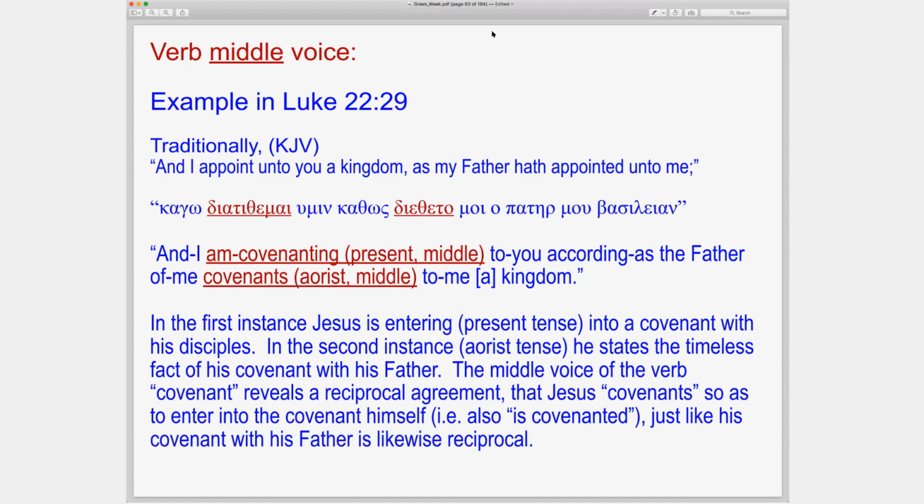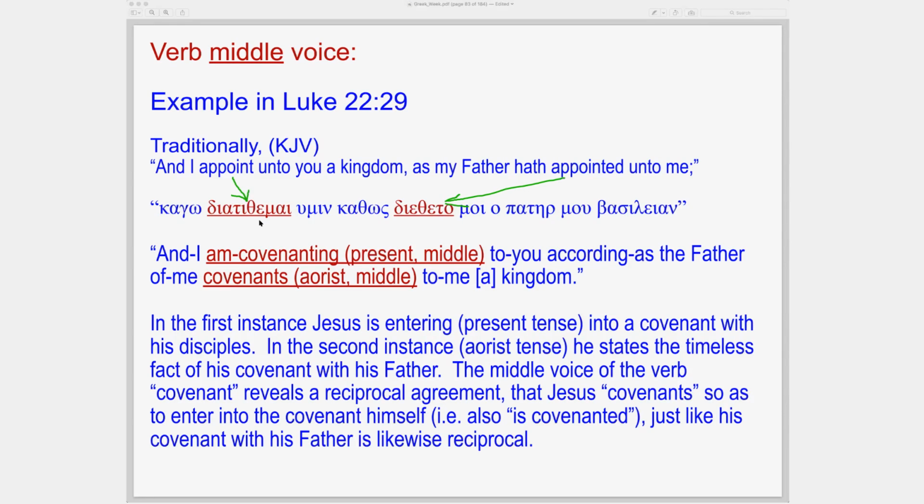KJV says, I appoint unto you a kingdom as my Father hath appointed unto me. Now, the appoint here happens twice. Diatithemi and diatitheto.